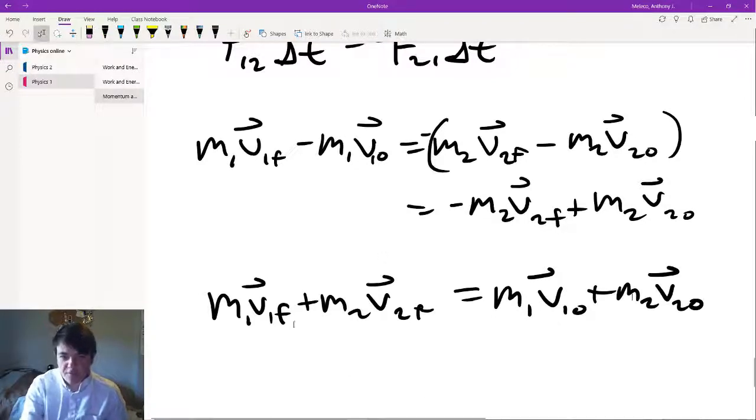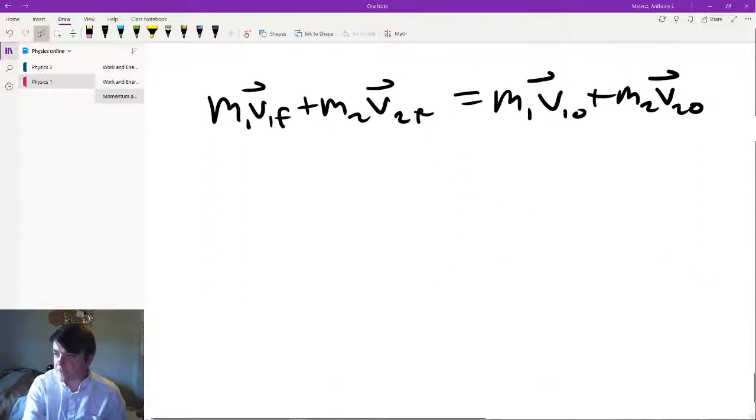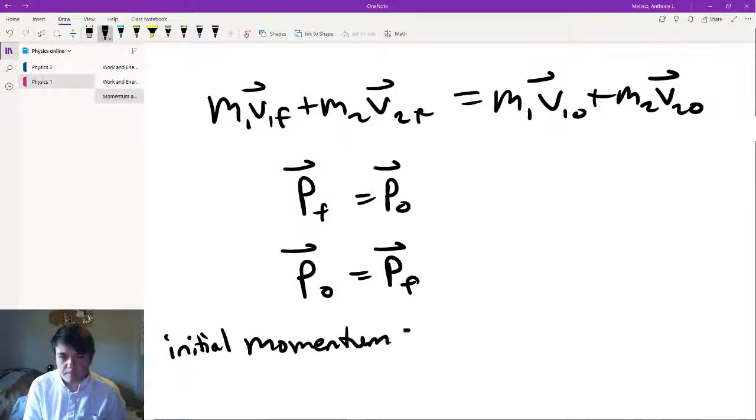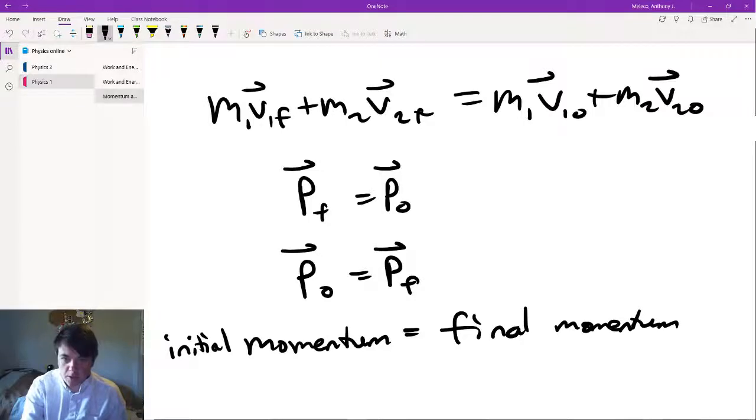So we've got our finals and our initials on their respective sides. And so what we can write now is P final equals P initial, or if you rearrange it, initial momentum equals the final momentum in the system. So the momentum doesn't change.